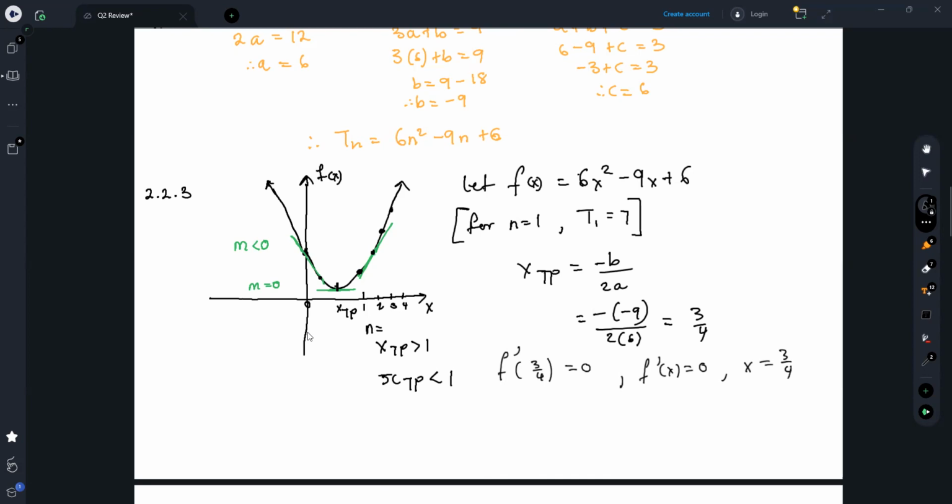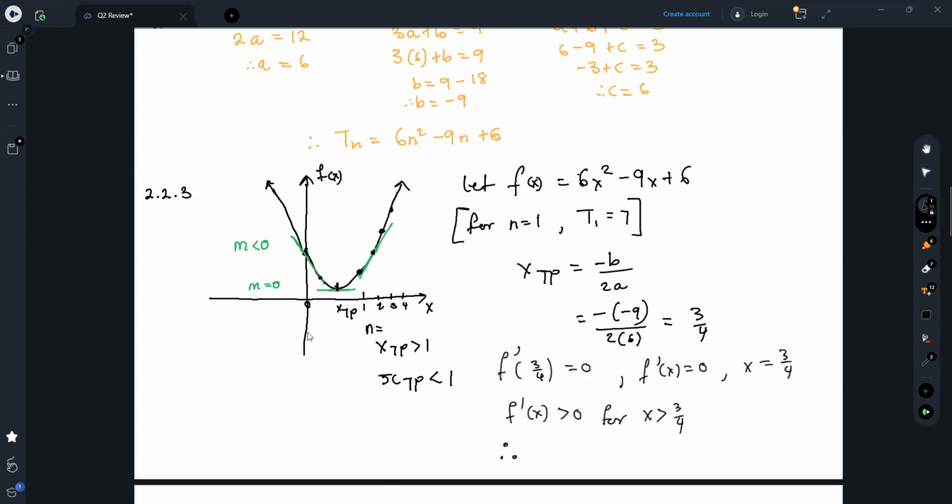What does this mean? It means that the derivative is greater than 0 for x greater than 3 over 4. Now, since we know that n will always be a number greater than 0, meaning that it's going to be 1, 2, 3, and this number is greater than that.